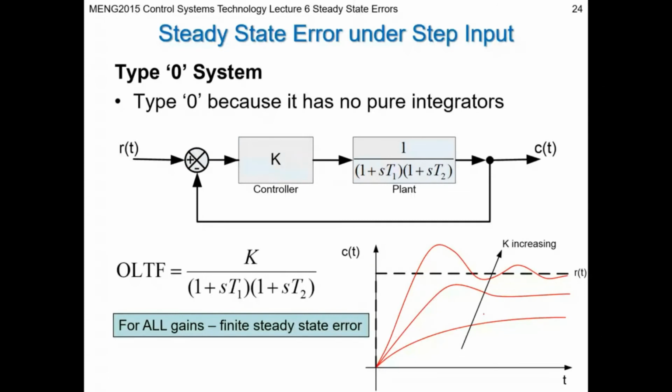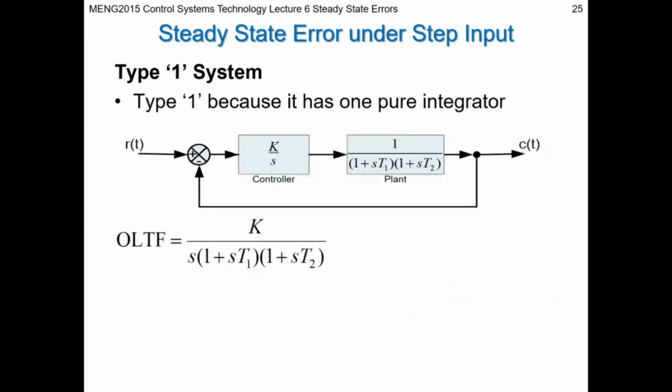As our gain increases, our steady state error is decreasing, as you can see. So for higher gains, you get reduced steady state error, but you also get this pattern here: overshoots and settling. That means that the system is relatively less stable, but you are increasing gain and getting lower steady state error.